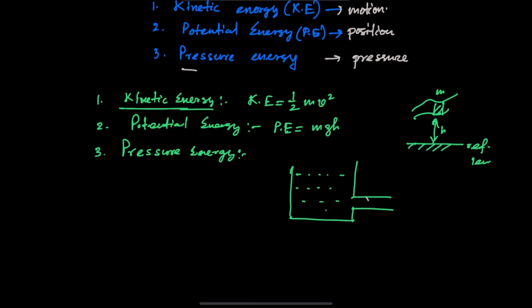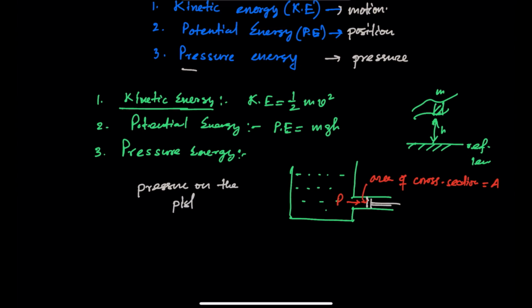Initially, let us say the pressure on this piston is P, and the area of cross section of this piston is, let us say, capital A. So the pressure on the frictionless piston is capital P, and the area of cross section is A.